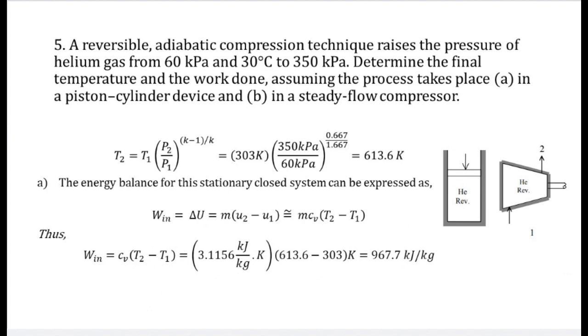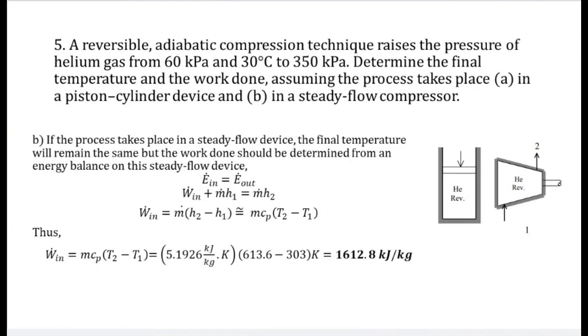Substituting the given numbers and calculating, we get the final answer of 967.7 kilojoule per kilogram. So this is for the piston cylinder device.